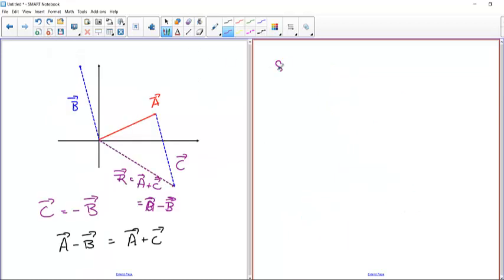So what we can say is that graphically, we only ever add vectors together.